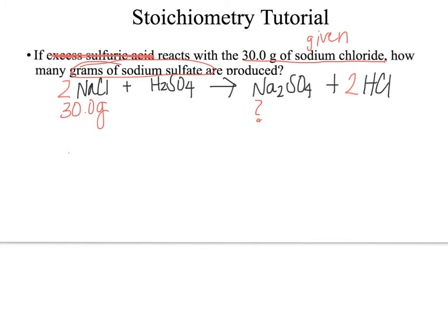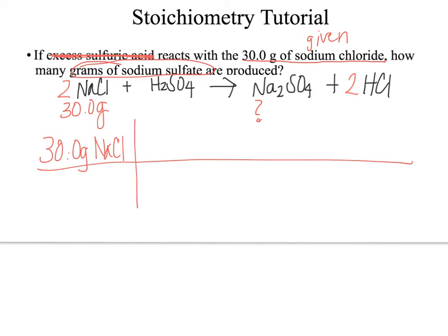All right, so let's start with the 30 grams. Oh, that's really messy. So 30 grams of sodium chloride, and then we're going to do our grid. When we start in grams, that means we're going to need a molar mass. We've got to get rid of the sodium chloride.